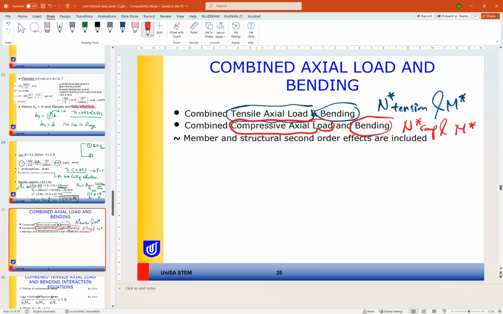For the combined axial compression, the problem again is the buckling. So we have a second order effect due to buckling. This part is covered in the standard under clause 3.5.